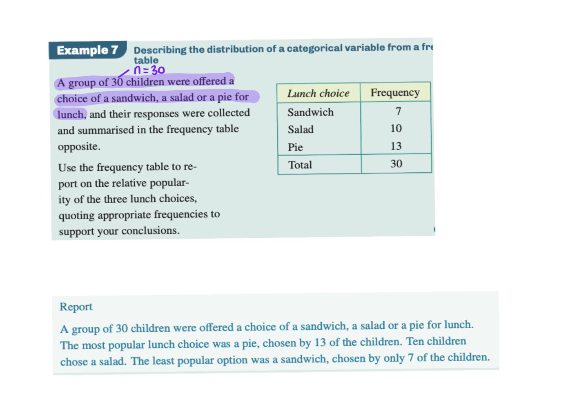Okay, and their responses were collected and they've got the frequency table. It says use the frequency table to report on the relative popularity of the 3 lunches, quoting appropriate frequencies. If there were percentages there, they would say quoting appropriate percentages.